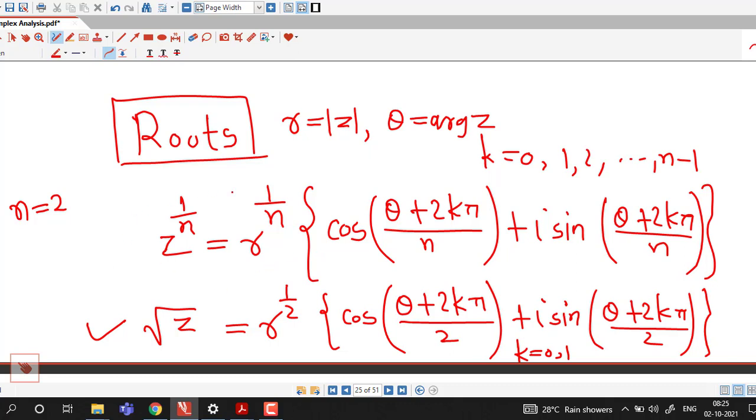So this is the general formula for finding roots of a complex number. Using this formula we can find any nth root of a given complex number.